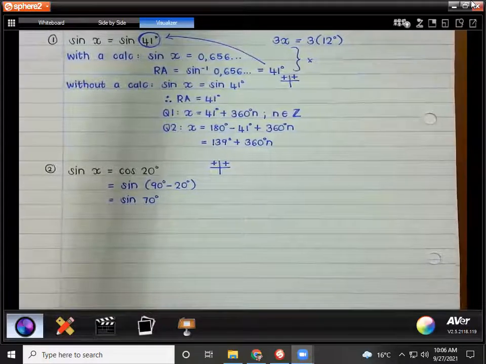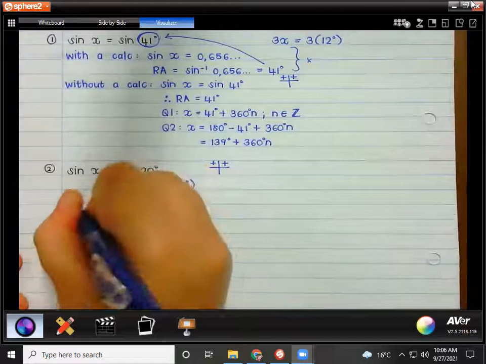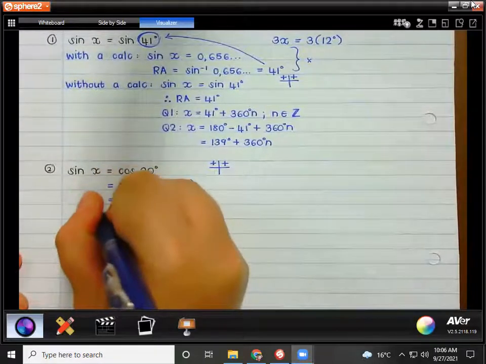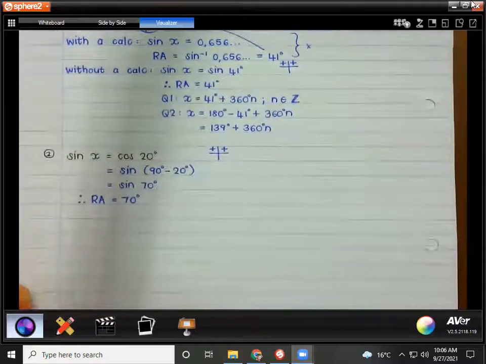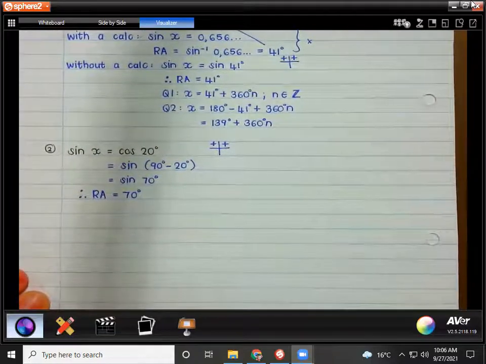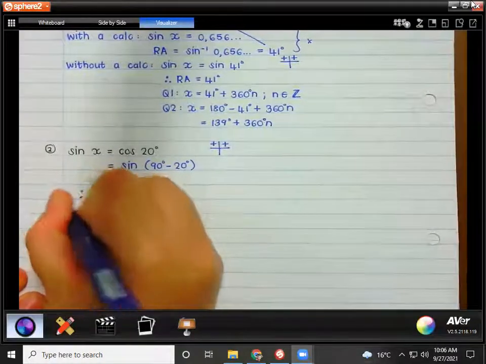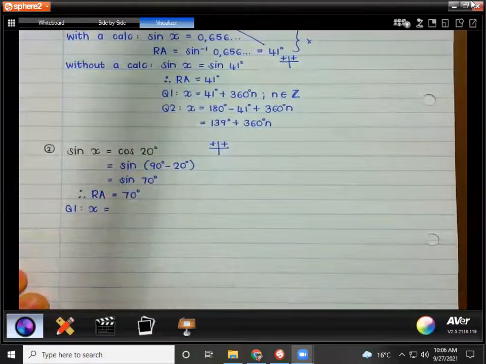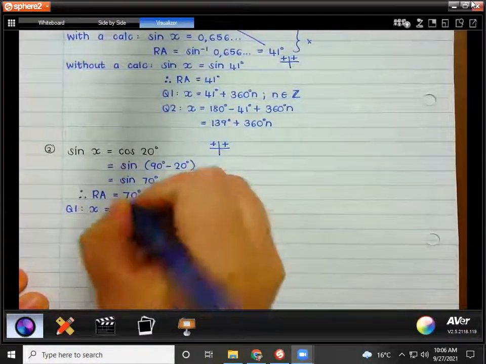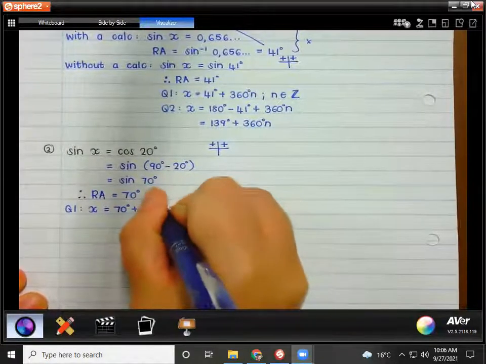Now what is my reference angle? 70. Good. Therefore, the reference angle is equal to 70 degrees. From there, you do your quadrant 1 solution. x is equal to, in the first quadrant, we just use the reference angle, so 70 plus 360n.